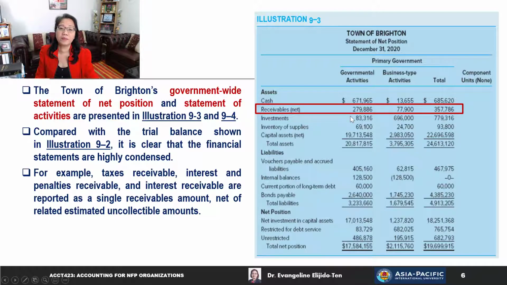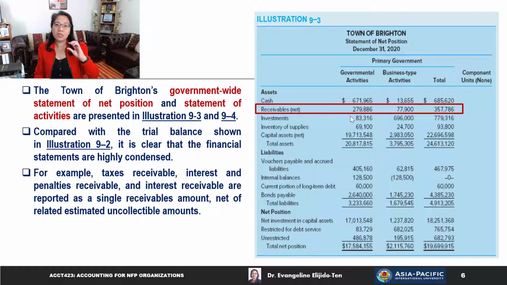279,886 there. You would note that that is a highly condensed amount because that includes taxes receivable, interest and penalties receivable, also interest receivable, and it is just shown in one amount and it's net. When we say net, it means it's net of the related estimated uncollectible amounts.